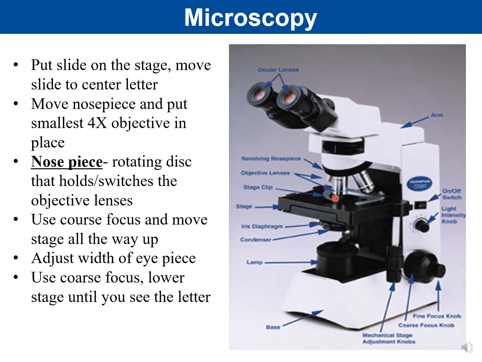Now, when you're looking in your ocular lens, your slide is on here, and you would start by using the coarse focus, and you would begin to lower the stage until you start to see your image come into focus. Once you can start to see your image, stop. You don't want to keep using the coarse focus.